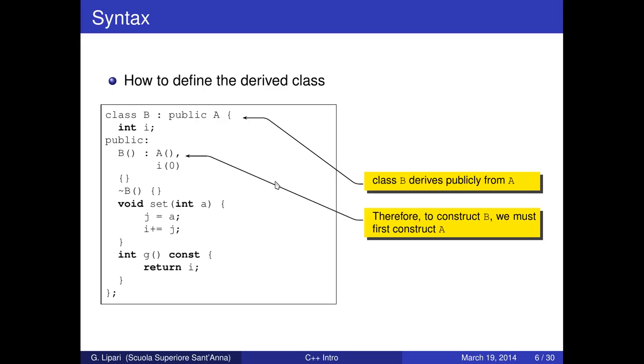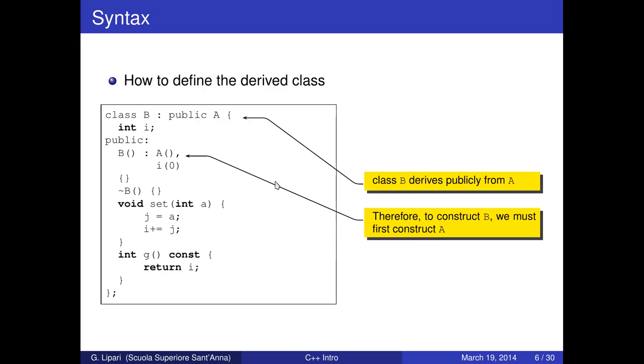Since B derives from A, when constructing B we first have to construct A, and then we have to initialize the internal member I. Of course, when we do the destruction it will be the other way around. First B is going to be destructed and then A.